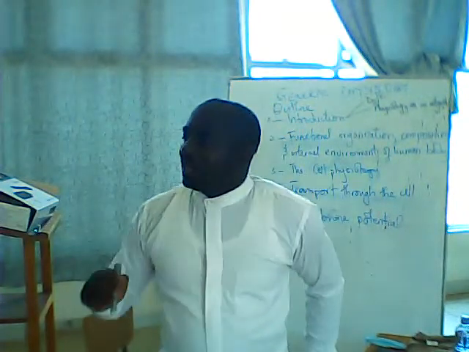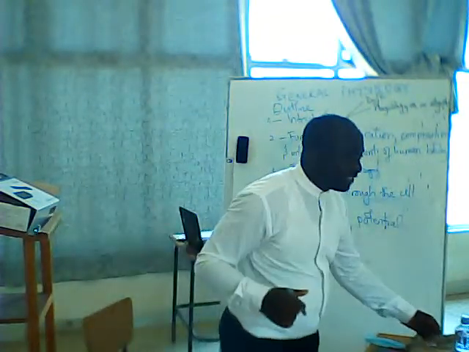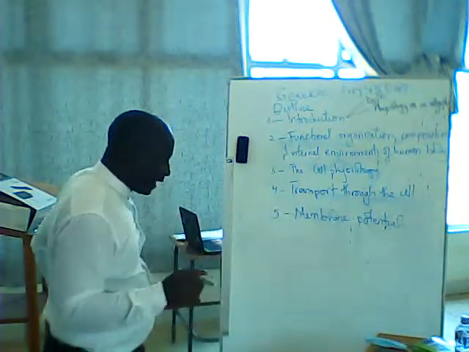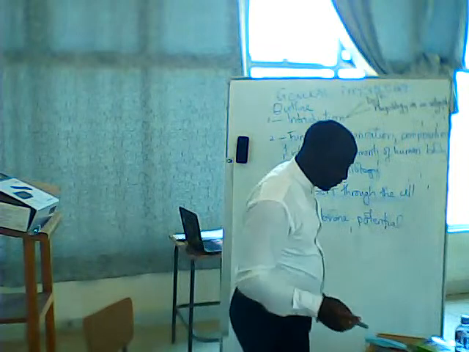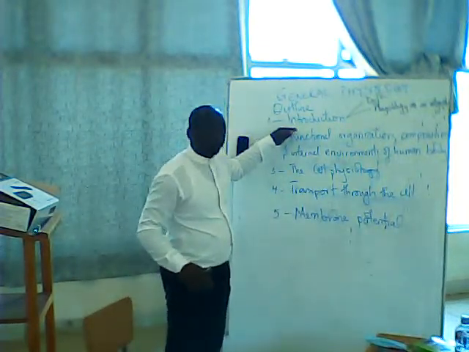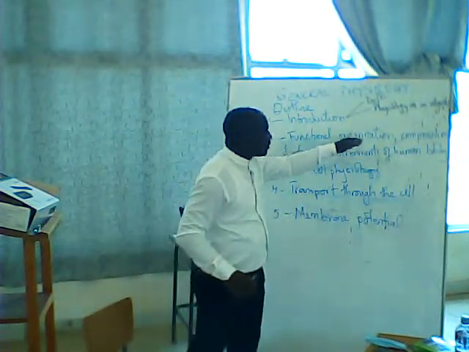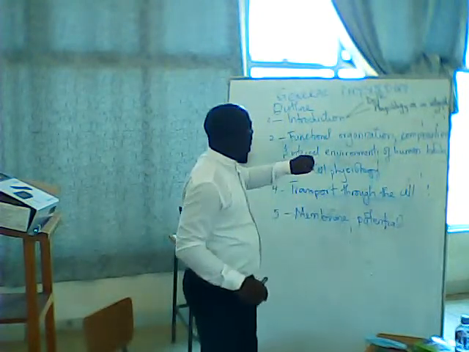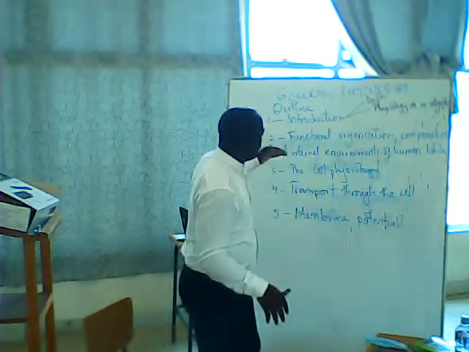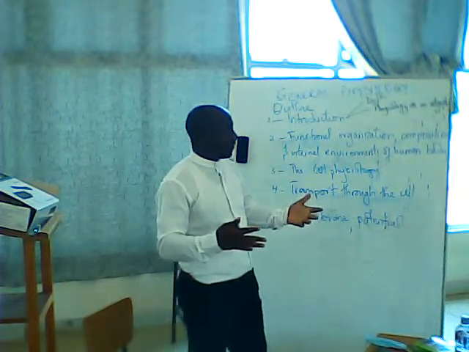Okay, so we would start with the components of general and cell physiology. And our outline for this course is, I'll give you an introduction, followed by functional organization, composition, and internal environment of the body. In the introduction, I will define what physiology is.